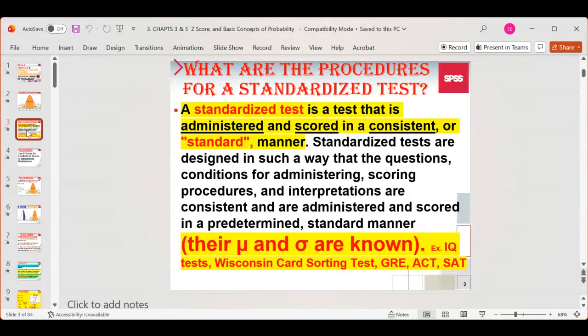But when somebody takes these tests and wants to know where they stand, the z-score, which is also a standardized test, tells us where that person stands. And keep in mind, this is a z-score for a single score, so one person we're dealing with.